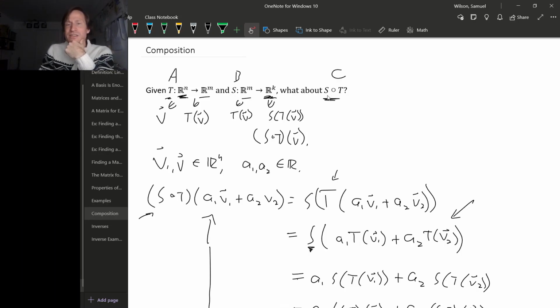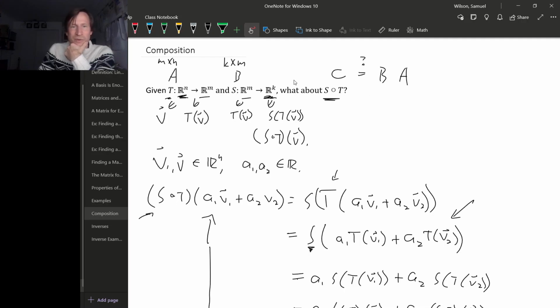Maybe we could call it C. And it seems like C ought to be some combination of A and B. In fact, there's only one possible combination, just looking at the sizes. A, because it's going from Rn to Rm, has to be m by n, and B has to be k by m. And so really the only possibility for C is that it's B times A.